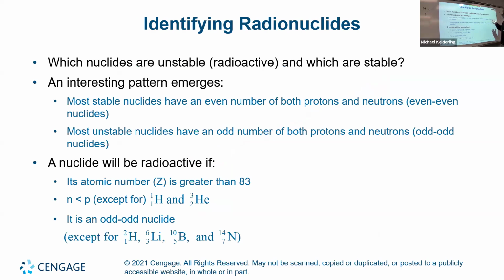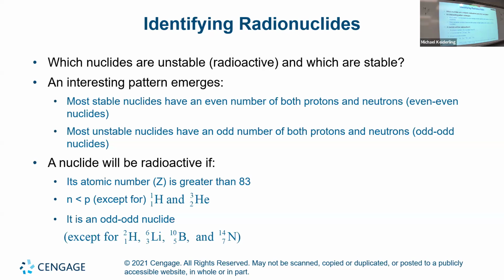Now, which nuclei are radioactive and which are stable? We find there's certain patterns. Most stable nuclides have an even number of both protons and neutrons, even nuclides. And most unstable nuclei have an odd number of both protons and neutrons, odd nuclides. So a nucleus would be radioactive if its atomic number is greater than 83.